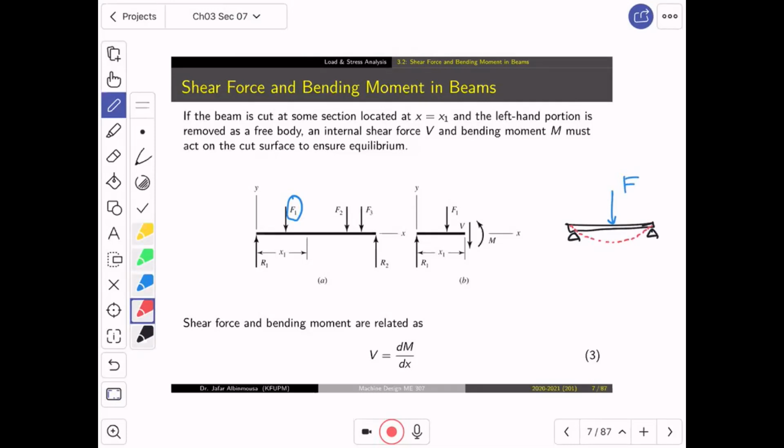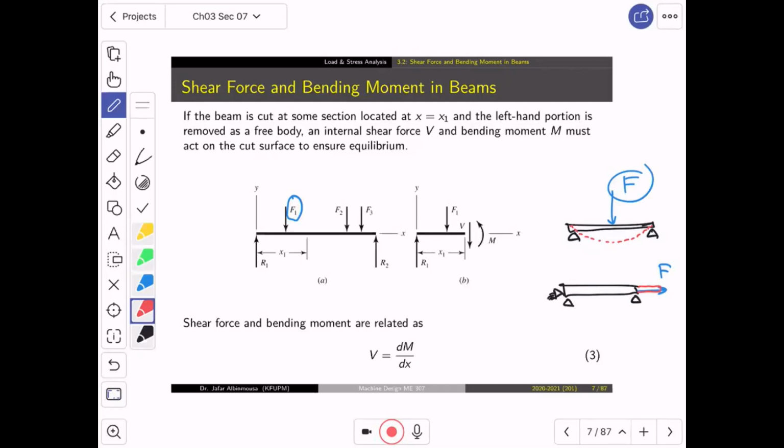Right? I can draw the same beam like this, put another pin on the side, bring the same force and put it right here. Same force, same magnitude. But what will happen? The beam will get longer.